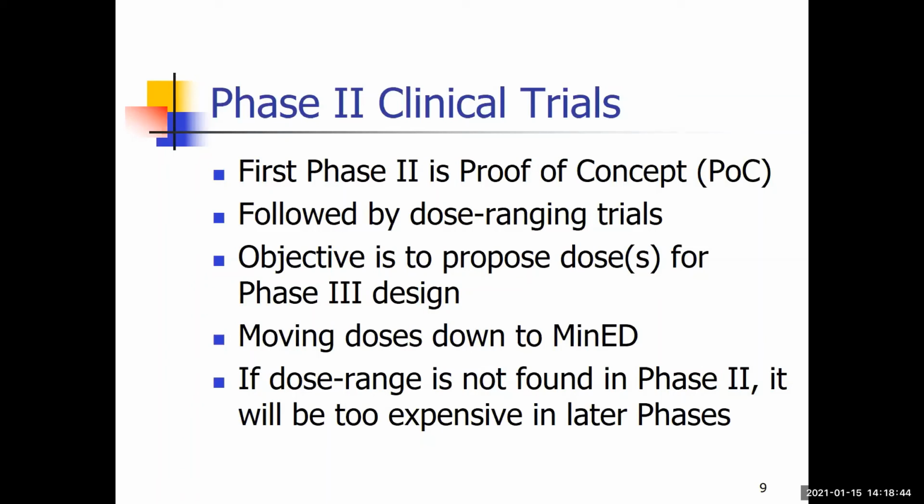So what you do in the first phase 2 trial is you really want to come up with a proof of concept study. It's making a go, no-go decision, all right? Because that's the first time you get to see the drug efficacy. And if the drug does not work, you stop developing it. So how to design the first phase 2, the first POC study?